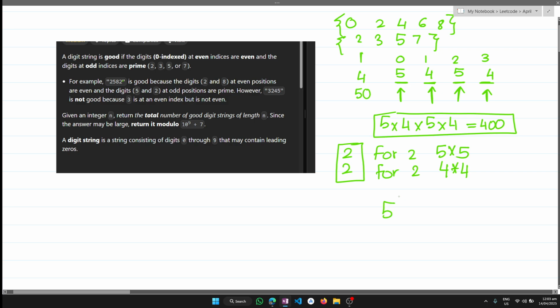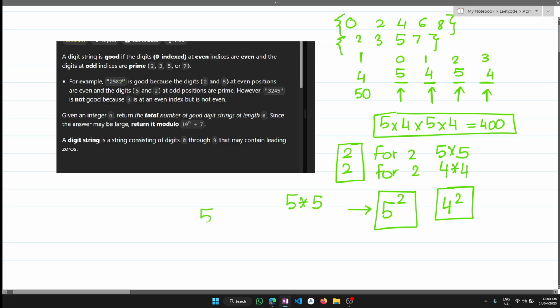Why can't you just do 5 to the power 2 in one operation, or 4 to the power 2? But behind the scenes, how do we calculate the power? Isn't it 5 into 5?